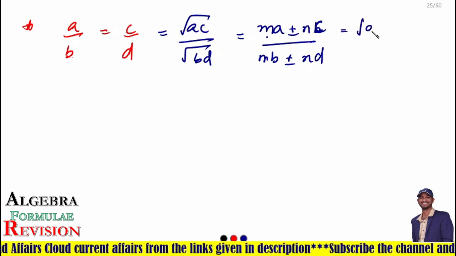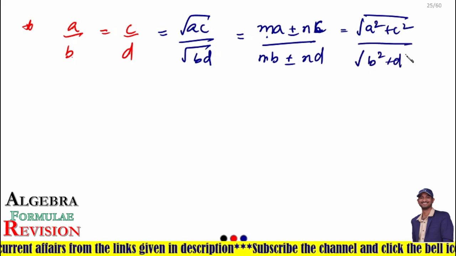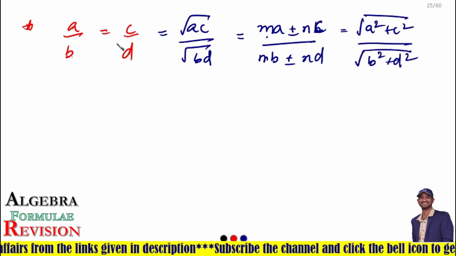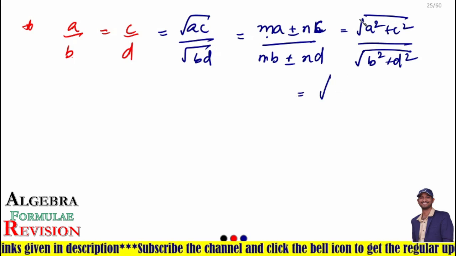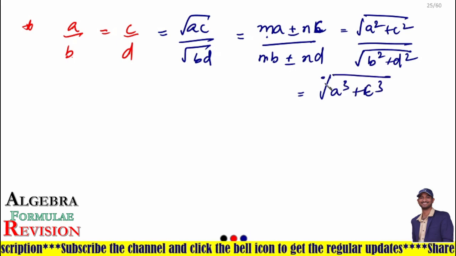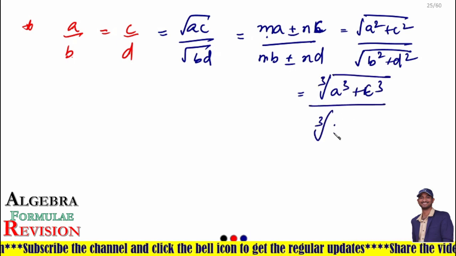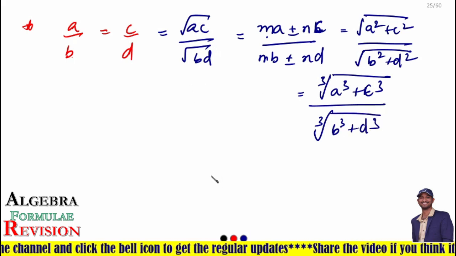Not only that, the square root of (a² + c²) by the square root of (b² + d²) is also the same value as the given ratio. Similarly, the cube root of (a³ + c³) by the cube root of (b³ + d³) is also equal to the given ratio.